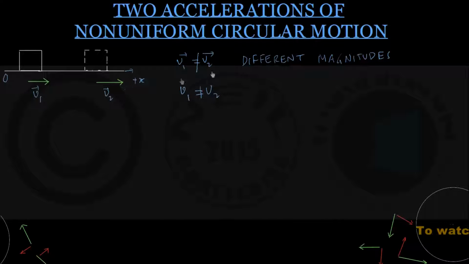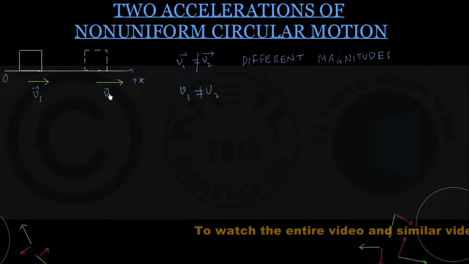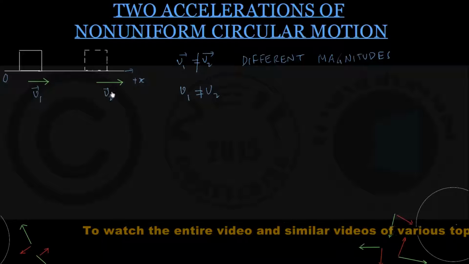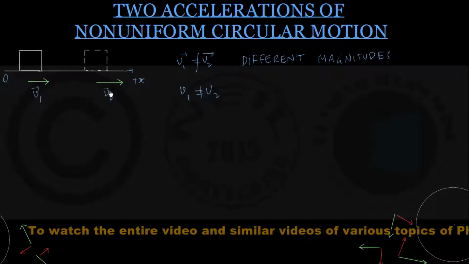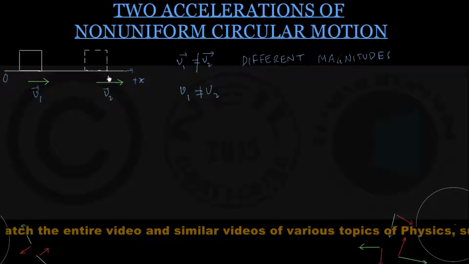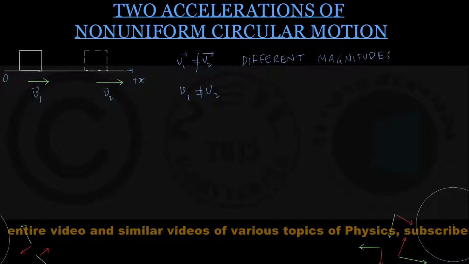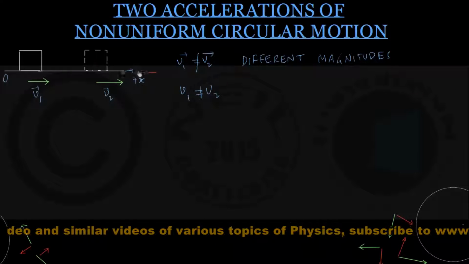Now here also we can see velocity is varying, but that's only because magnitude is changing while direction is remaining constant. Now when the particle has the same direction of motion, that is, velocity direction remains intact, then we call that straight line motion, as you can see here, and accordingly there is an acceleration as well.